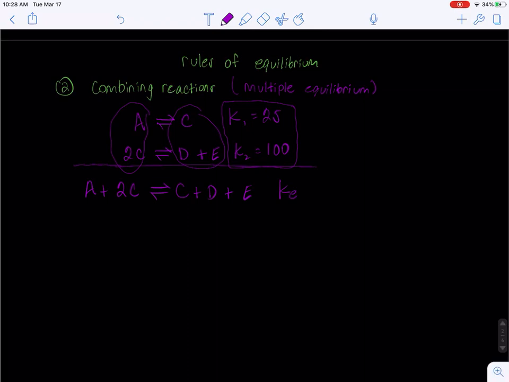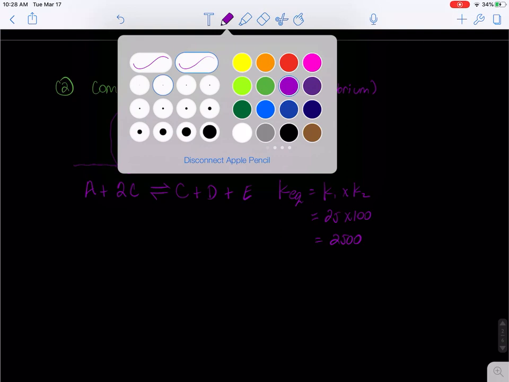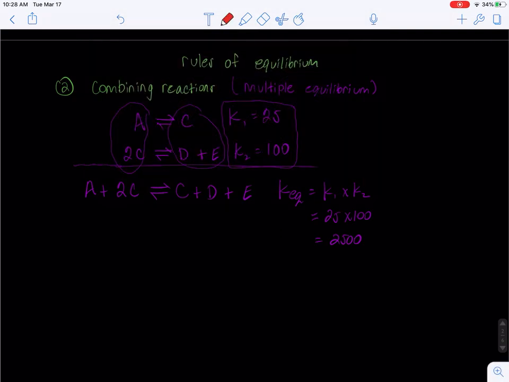So the equilibrium constant for this combined reaction is K1 times K2, and so that would be 25 times 100, 2500.